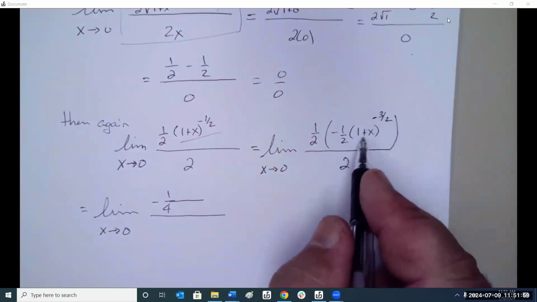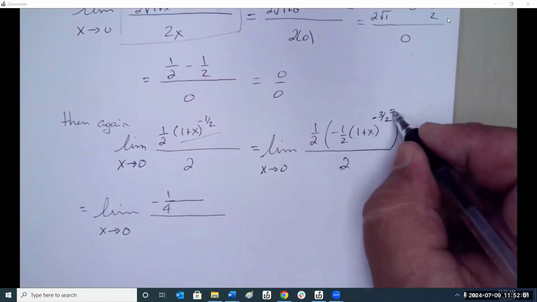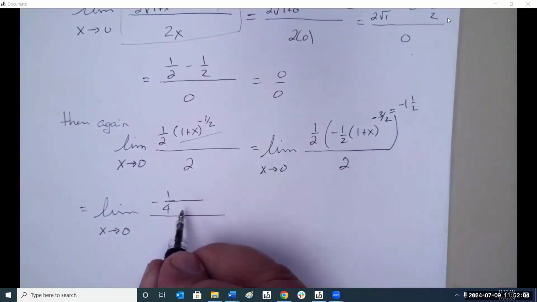It's negative, so it's on the bottom, but this is actually negative 1/2.